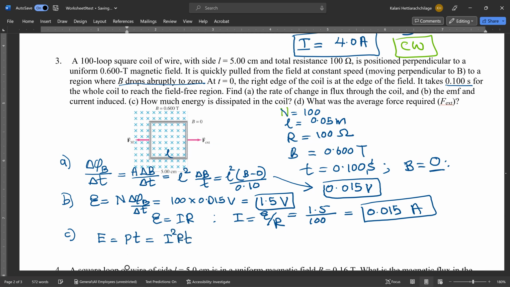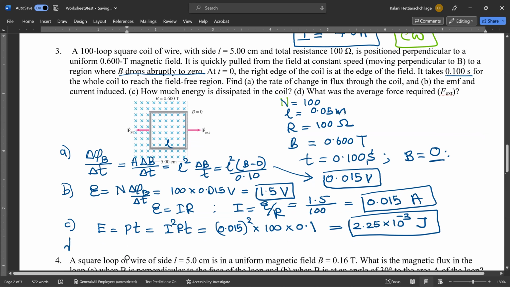So I have I squared, I have R, I can calculate the energy now. I squared is 0.015 squared, times 100, times time 0.1. That will give me the answer as 2.25 times 10 to the negative 3 joules as energy.